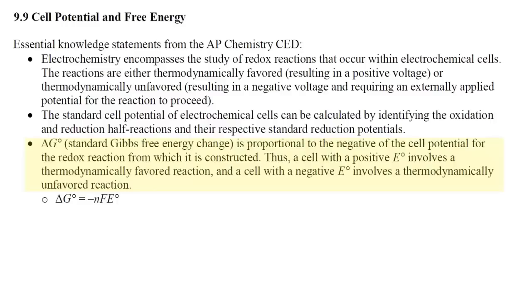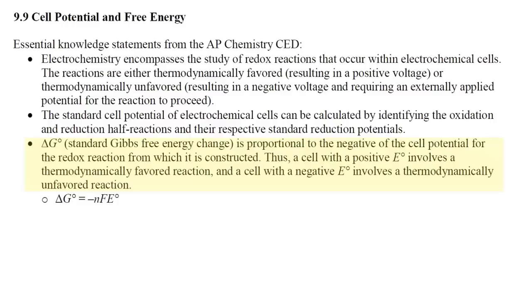Thus, a cell with a positive cell potential involves a thermodynamically favored reaction with a negative value of delta G, and a cell with a negative cell potential involves a thermodynamically unfavored reaction with a positive value for delta G.